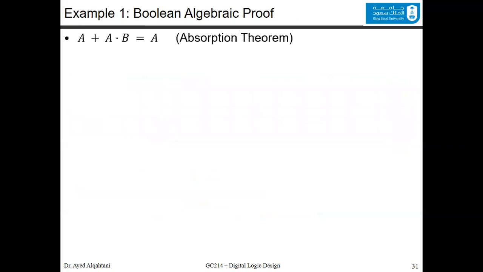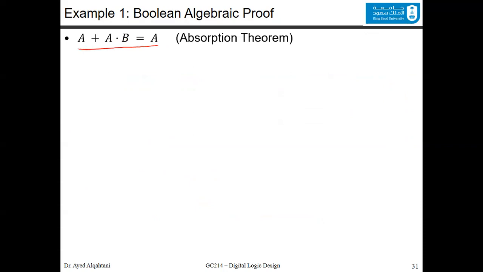This is another example to prove that A or (A ANDed with B) is equal to A. If you were asked to prove this, either you will use the truth table, like what we did in the De Morgan law, and I will leave this to you, or you can use Boolean algebra.